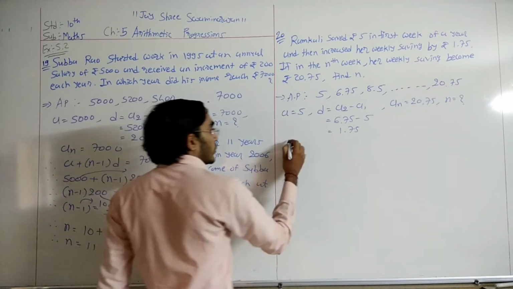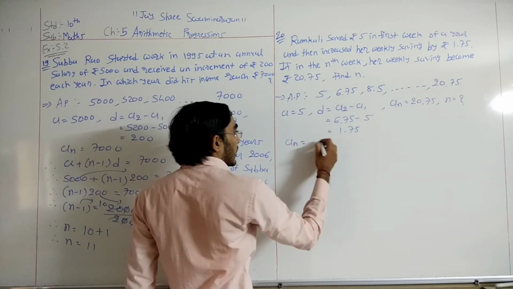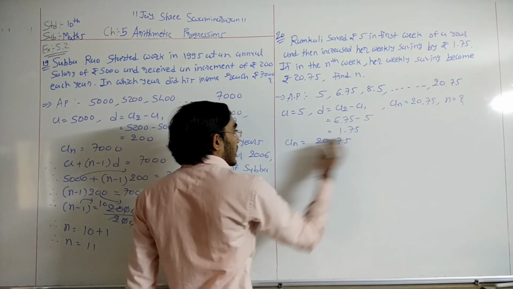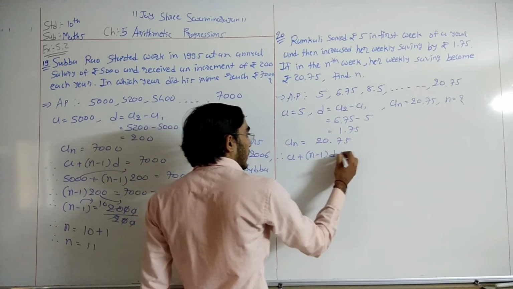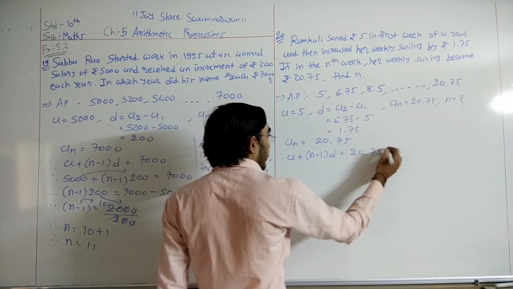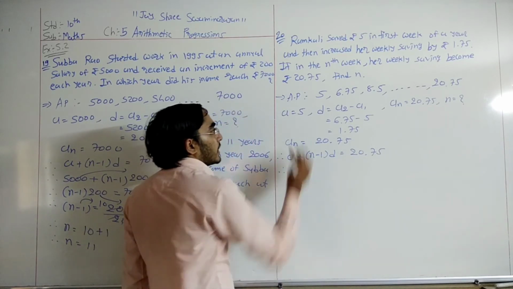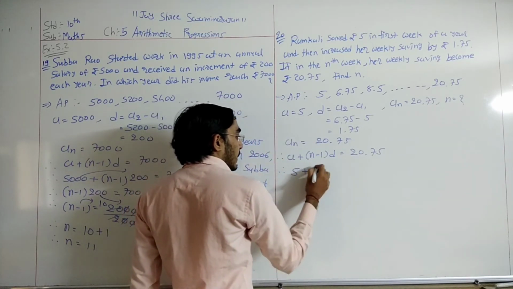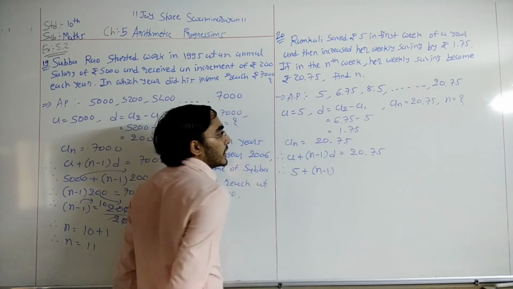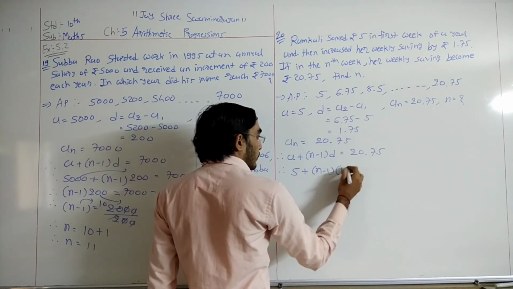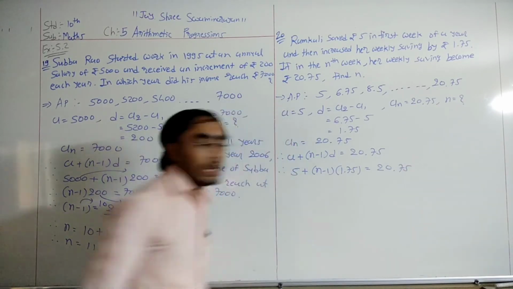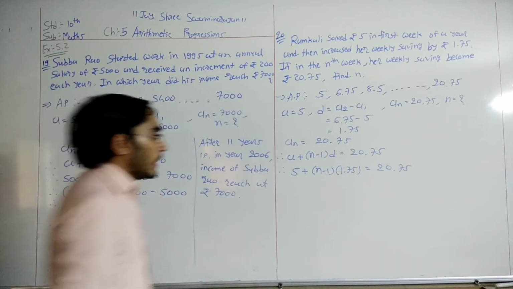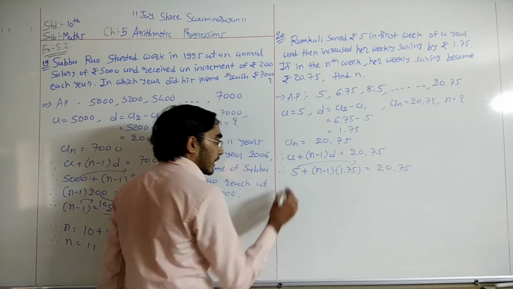So now use the formula of an. First of all, an is 20.75. Now an means a plus (n minus 1) d. So 20.75 equals a, which is 5, plus (n minus 1) into d, which is 1.75. Now we need to find the value of n, so transfer this 5 to the right hand side.